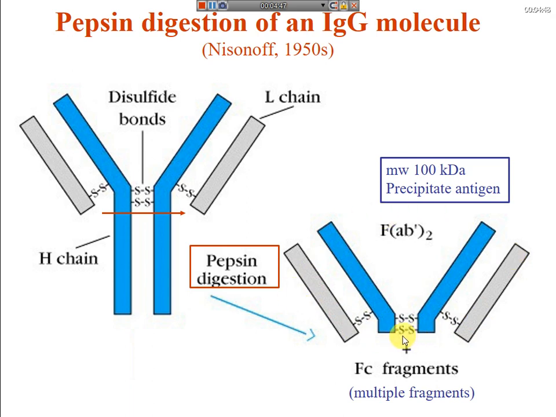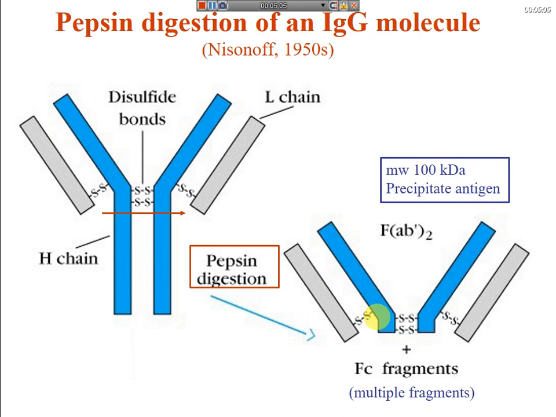Now, about four immunoglobulin domains will be there in this F(ab') 2 fragment, right? Each light chain has two immunoglobulin domains, and there are two on each of the heavy chain fragments. All of these are held together by disulfide bonds.